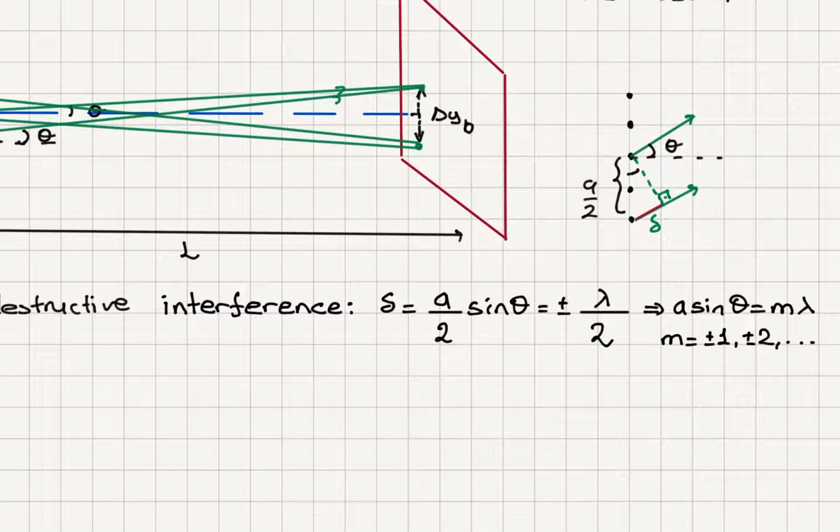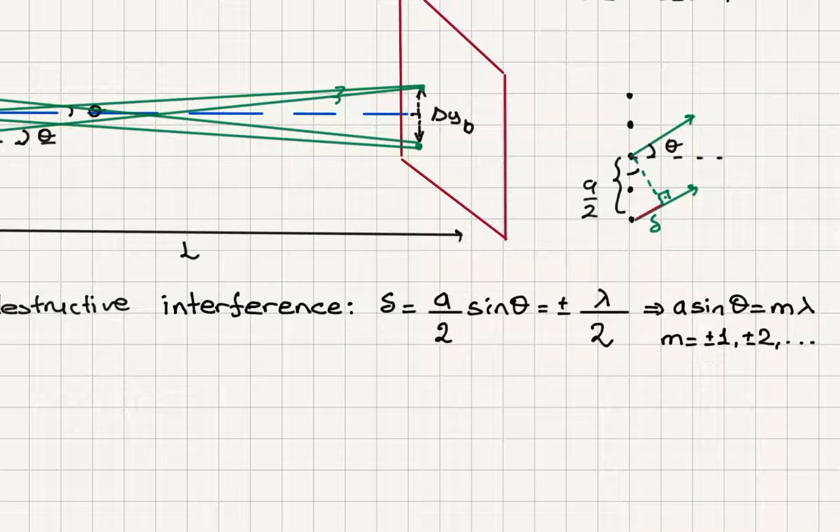This was the condition we found using the interference between these two rays. If we consider grouping with the separation between the point sources as a over 4, we obtain another condition.